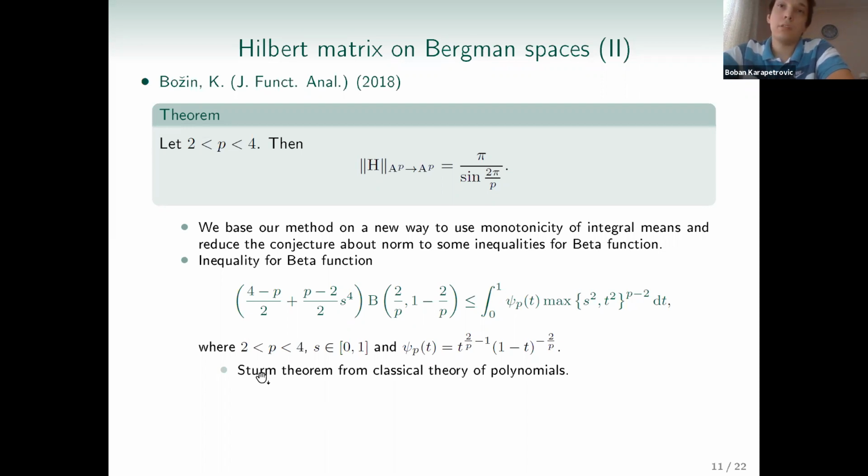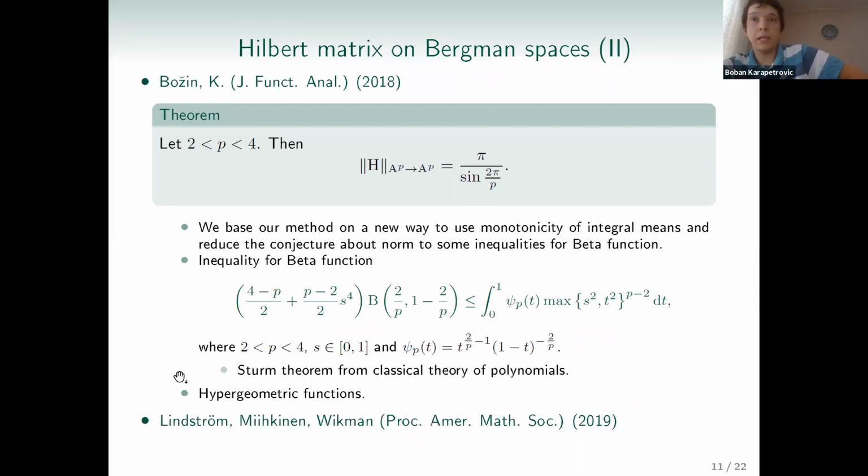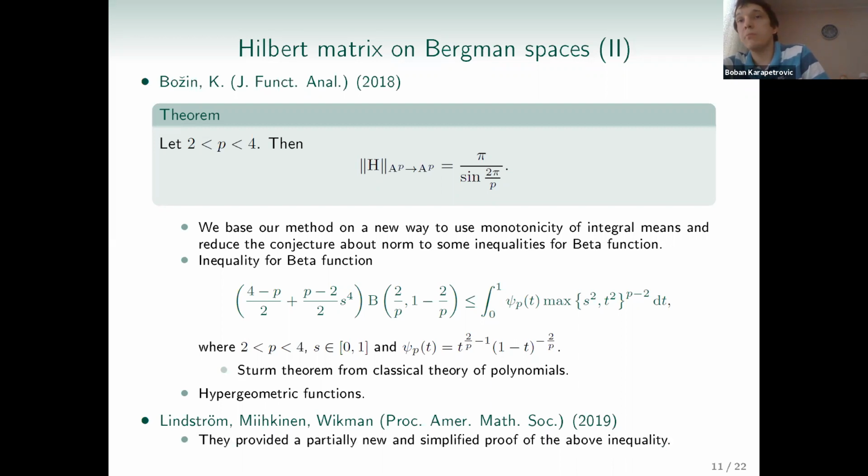Also, in this paper we use hypergeometric functions, but very recently, Lindström, Miihkinen, and Wikman in 2019 completely removed Sturm's theorem from the proof of this inequality. So they provided a partially new and simplified proof of this inequality.